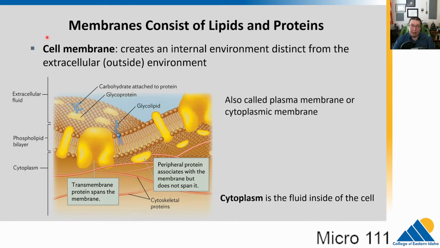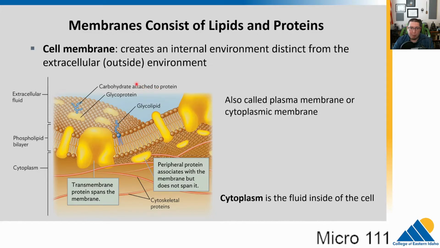At its core, a cell is defined by the cell membrane. That creates an internal environment inside the cell that is distinct or different from the extracellular or outside environment. So this is what defines a cell. And these cell membranes are made up of a combination of lipids, these are the little molecules here, and big proteins, the little yellow things that stick between them.